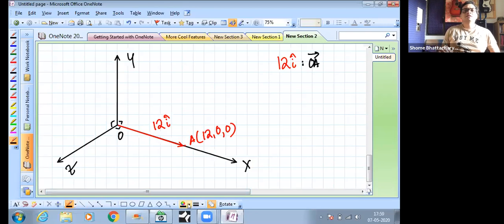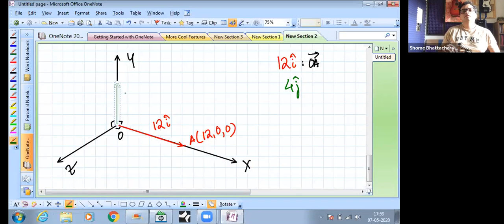Now, similarly, let us visualize in this system how the vector 4 j cap looks. It will similarly be a vector from the origin, and it should be perfectly along the y-axis.